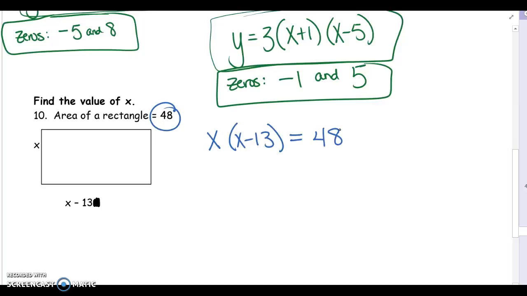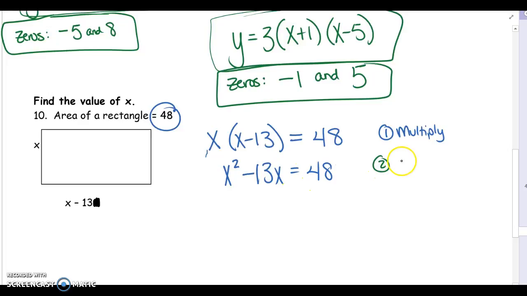Now this looks like factored form, but because it says equals 48, we can't say that x is 0 and 13, because we can only do that if we have equals 0. So step number 1 is going to be to multiply this out. So distribute the x. So x squared minus 13x equals 48.